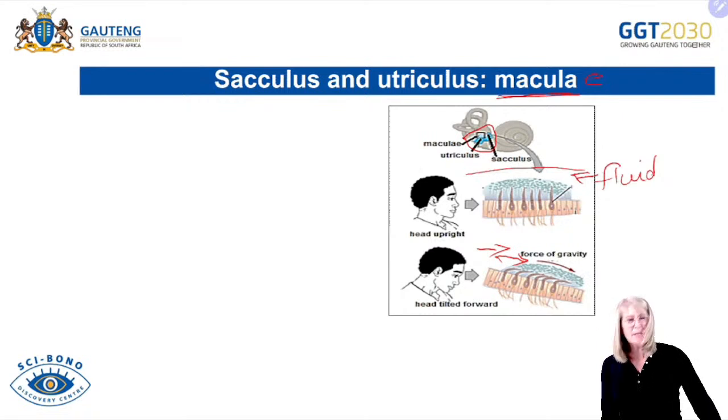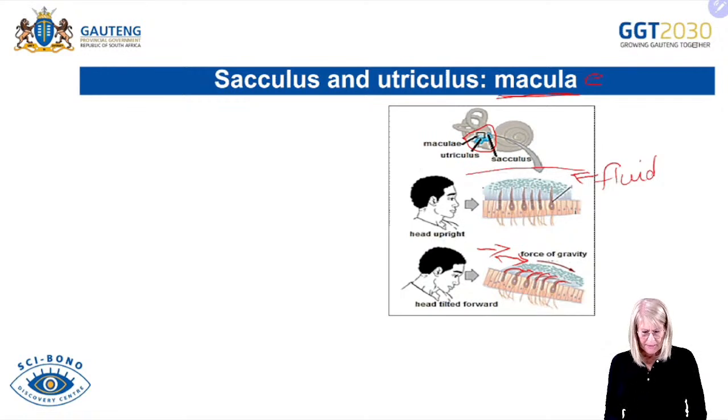And in that jelly layer, we find little calcified stones called otoliths. When gravity pulls, they're also going to cause the little hairs there to bend. And as soon as they bend like that, an impulse is stimulated. So that's basically how they function.